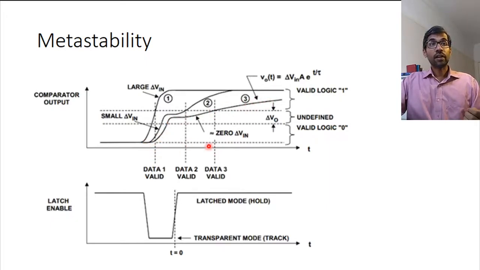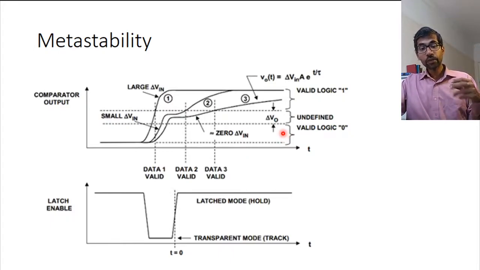Okay. So if you are applying a latch signal at the output, and let's say you apply the enable latch at this point, with a large VN, you have already reached the final state. However, in the next two cases, you have not reached the final state, and you are in some kind of undefined territory. You are neither at logic 0 nor at logic 1.